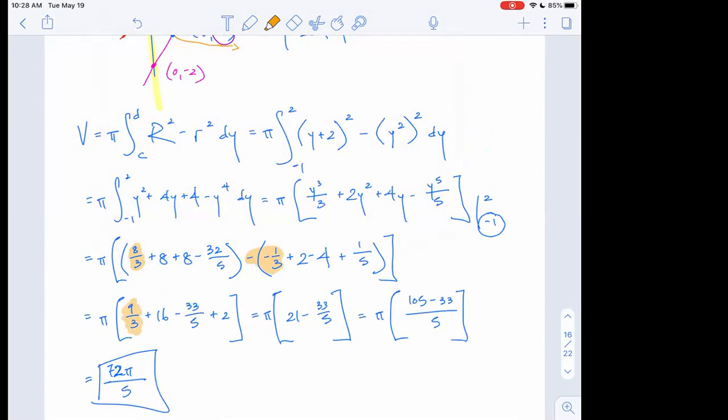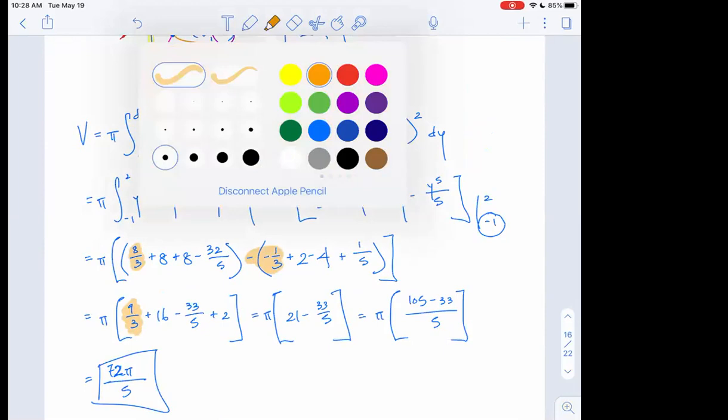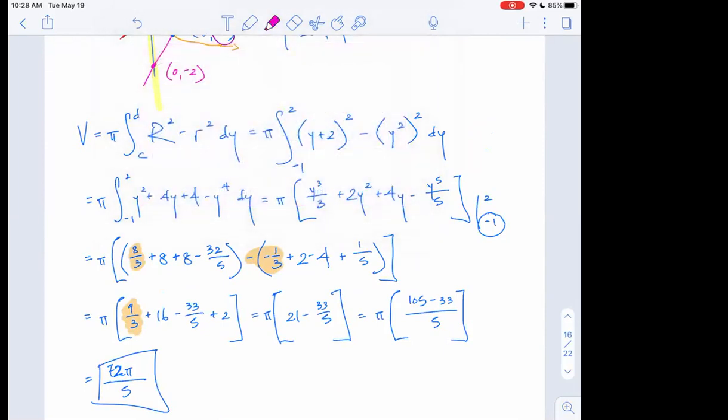Gave me the 9/3. Okay, got it. Thank you. And then the 2 came from 2 minus 4, which is -2, but then a -2 gave me a +2. Okay, so you just combined both of those parentheses. Yeah. Okay, thank you.